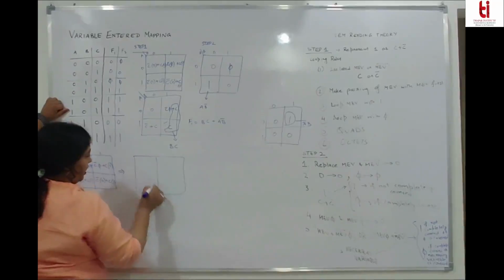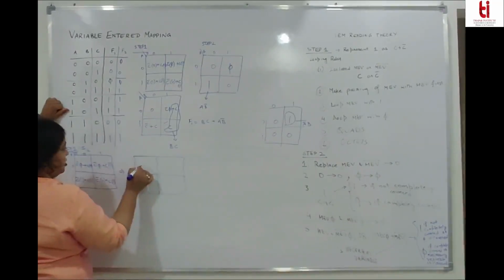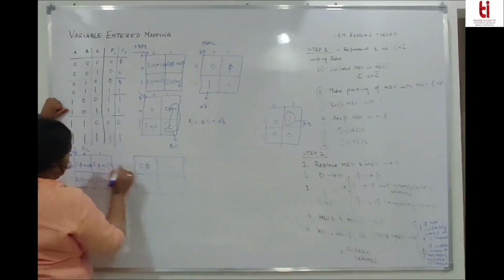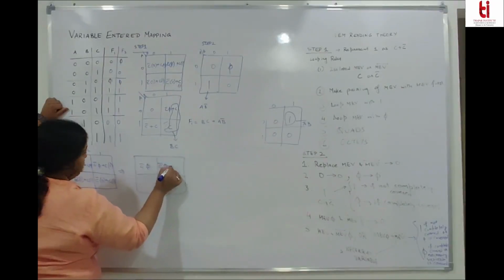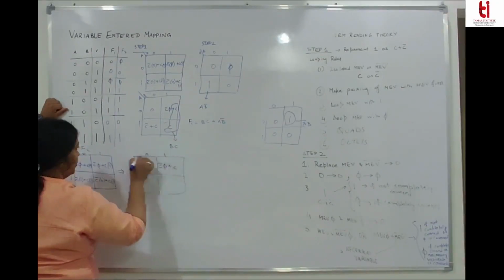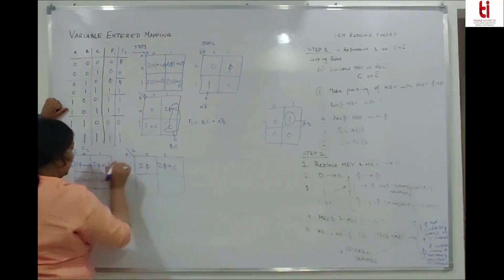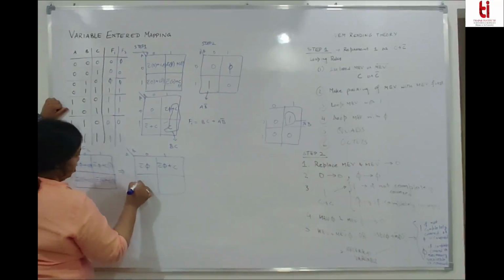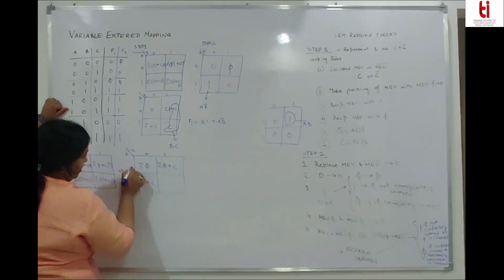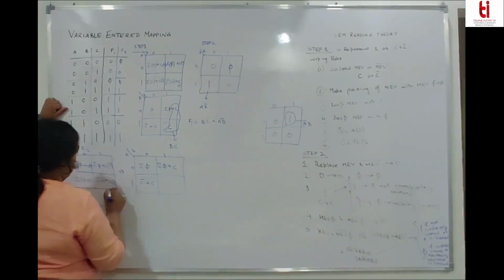If you find the expression, this is C bar 5, this is C bar 5 plus C, this is C bar plus C, and this is C.